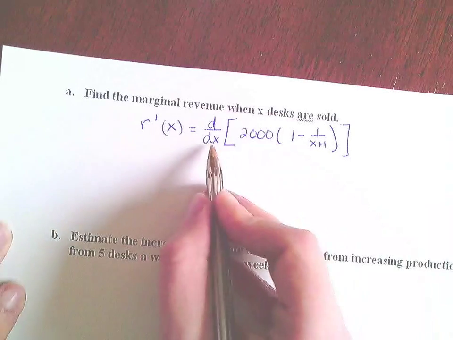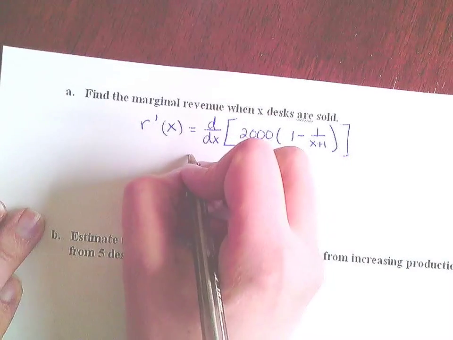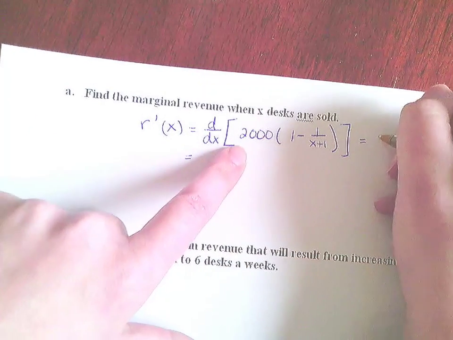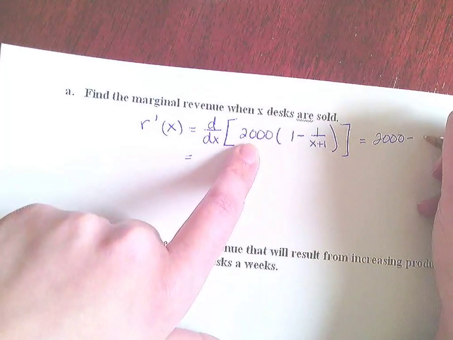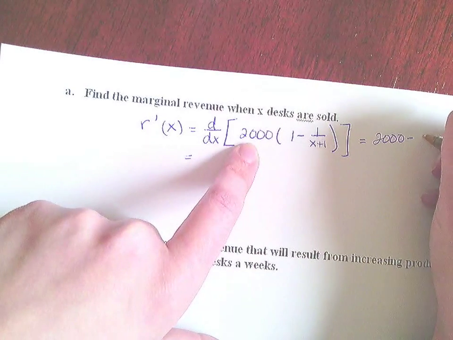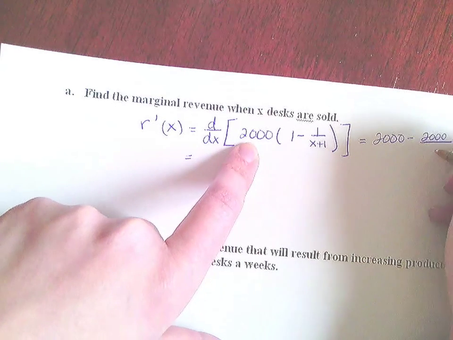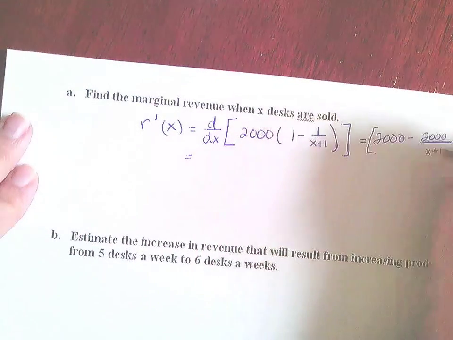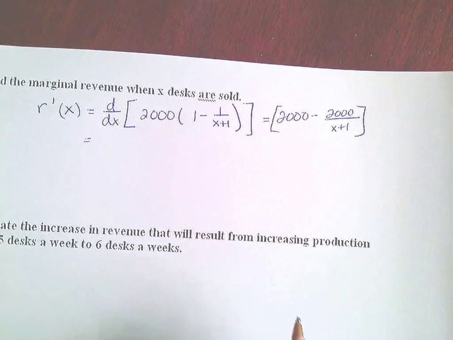Before I can find the d dx, I want to distribute. I want to simplify this as much as possible. So I'm going to distribute: 2,000 minus 2,000 over x plus 1. So I'm going to find the derivative of that function right there.